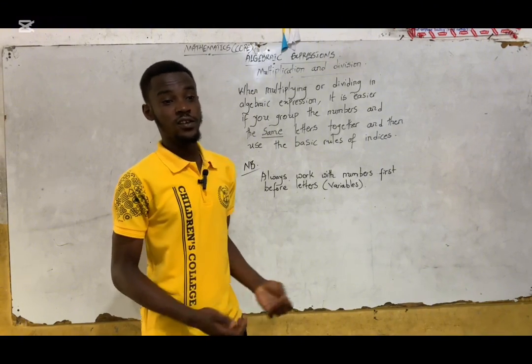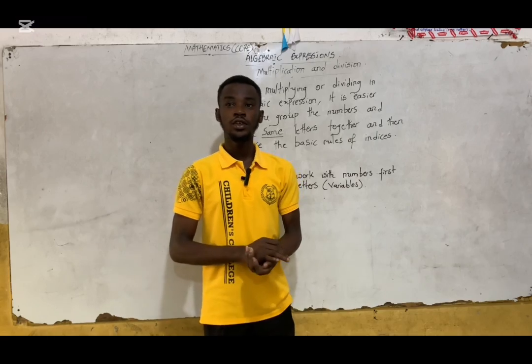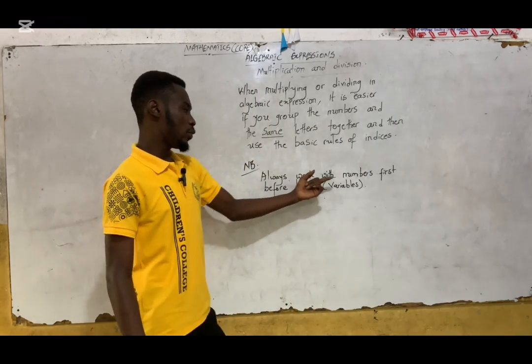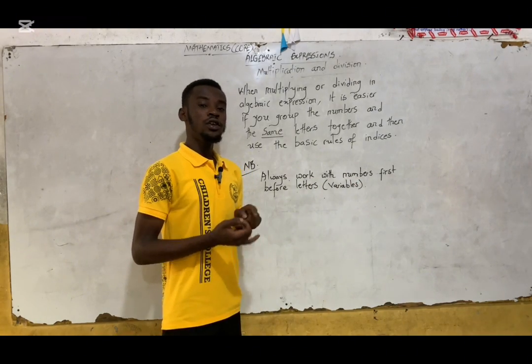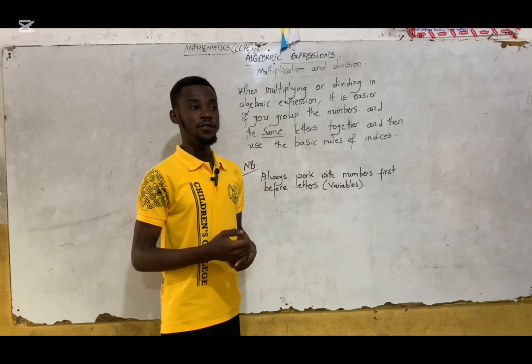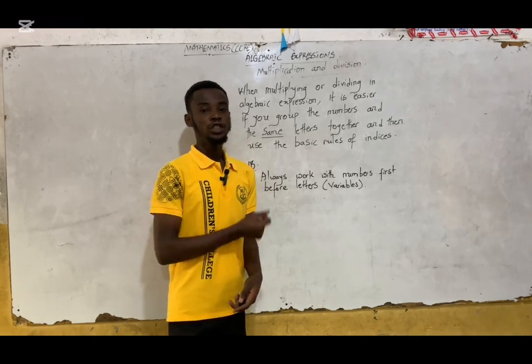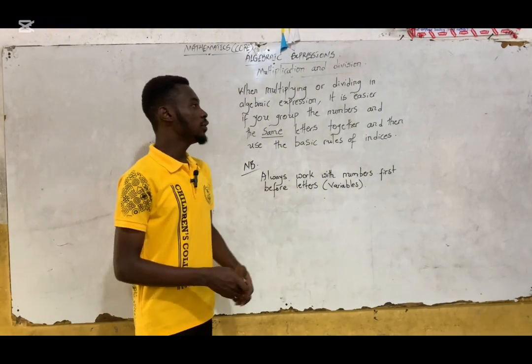It can be the first law, second law, whatsoever. So far as you know what you are dealing with, then you know the particular rules to apply. Are you okay? Always work with numbers first before letters. This is very necessary. You have to work with numbers first before you work with letters. Make sure you pause the video and then you copy the notes. Very few. So pause.